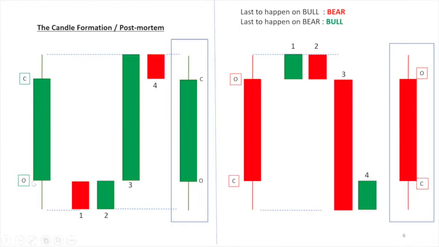Basically, when the market opens, this is what happens in the 4 hours. In the 1 hour chart, the first candle will be red. The market opens, and the market goes down. The second hour, the market closes here, opens here, then goes bullish.